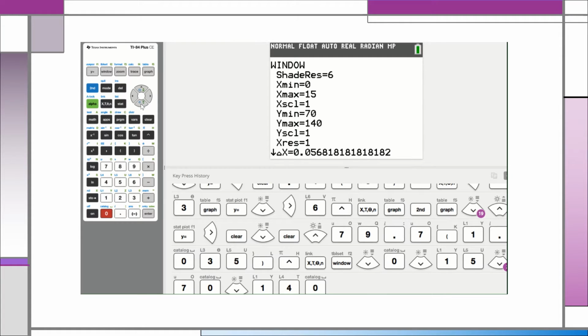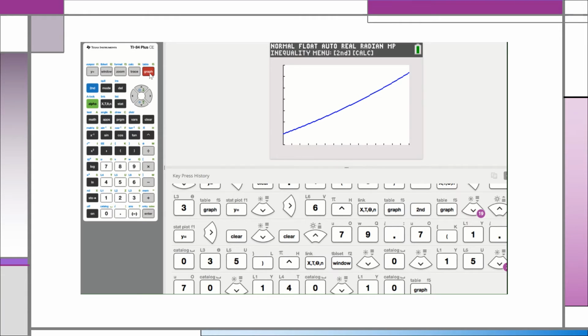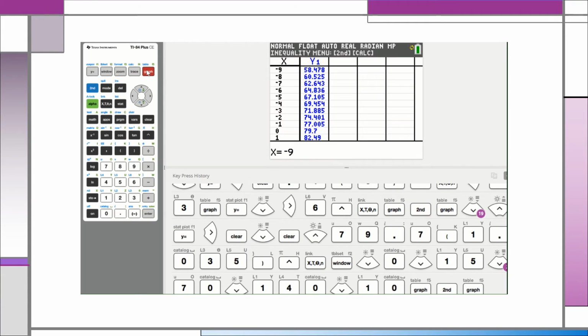And then I need to think about my scale. What kind of scale should I use on that? Well, let's see. If I did 10, 70 between that, I could maybe do 10. Yeah, let's do a scale of 10. Now let's go see what our graph looks like. Almost looks linear, doesn't it? Let's go on our graph and let's go on our table and see what's happening.